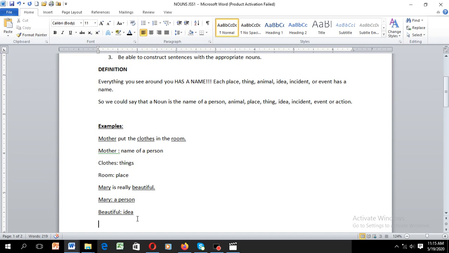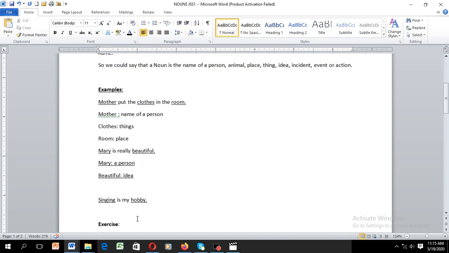So let's move on to the next sentence, the final one under our examples. It says, singing is my hobby. So once again, let's work it together. Singing is an action. Okay, you note that it's an action.